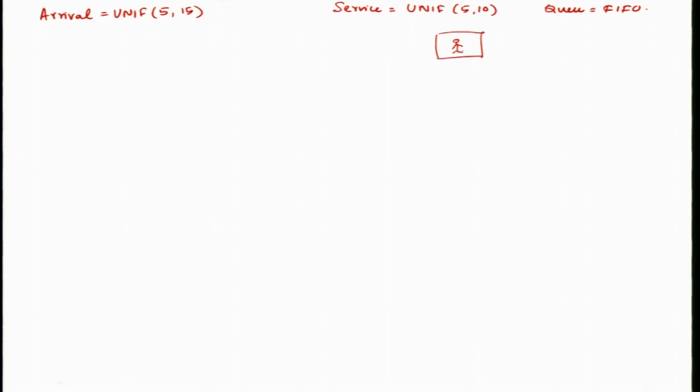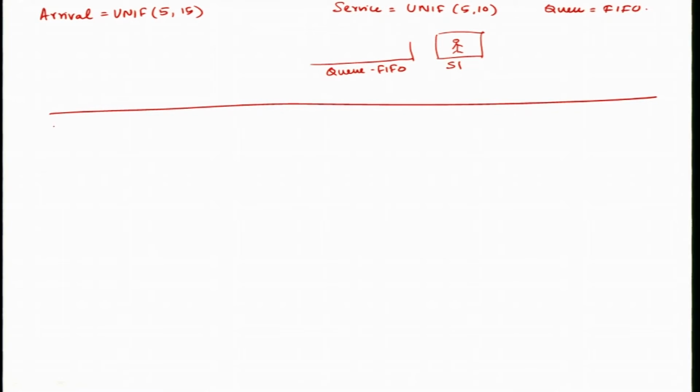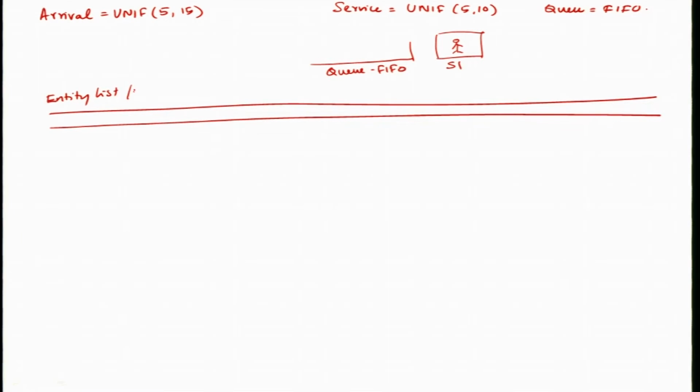Server waiting here S1, and here is the queue, it is a 5 4 queue, and arrivals are going to happen here. So, we first make a table or a tabular format, remember, and this is called the entity list or event list.